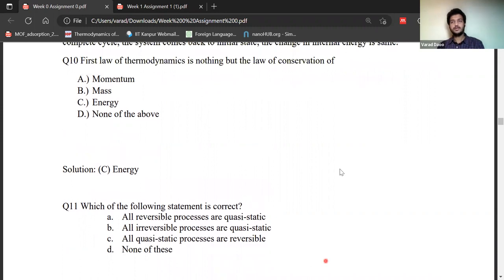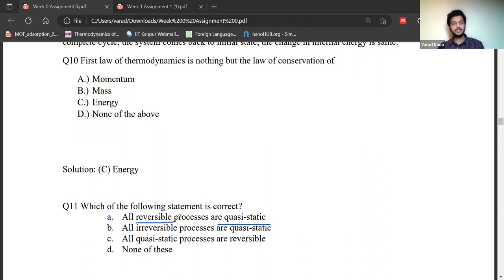So let us go to the next question, which is, which of the following statements is correct? All reversible processes are quasi-static processes, all irreversible processes are quasi-static processes, all quasi-static processes are reversible, and none of the above, right? So which is the correct answer? Let us first understand what a reversible process is and what a quasi-static process is.